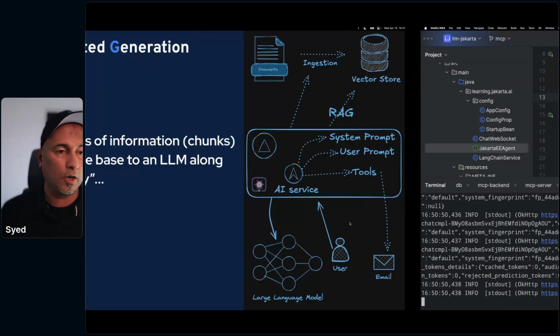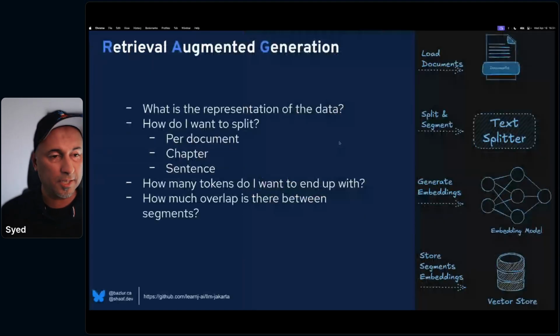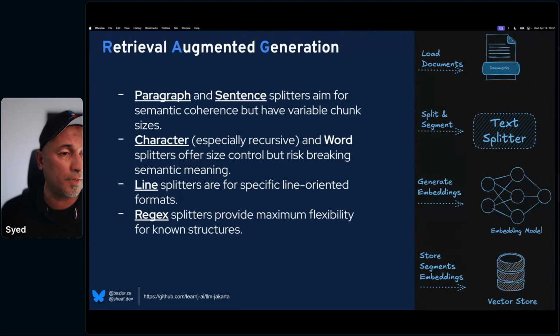And what I've done so far is obviously there are different text splitters. You can split based on documents, on chapters, on sentences, on paragraphs, and these are the different techniques that you would use. And the reason to show you this is that you would use them in different use cases.